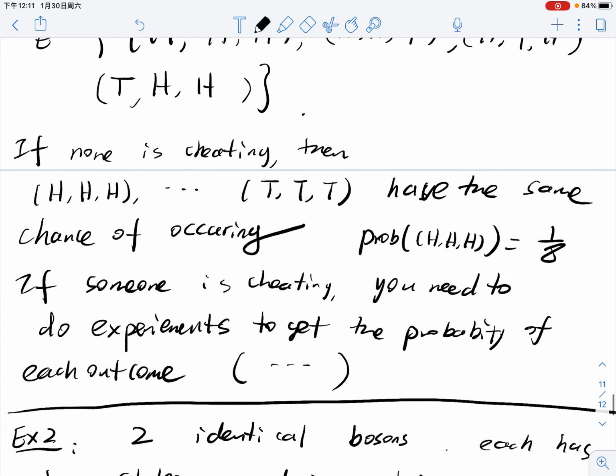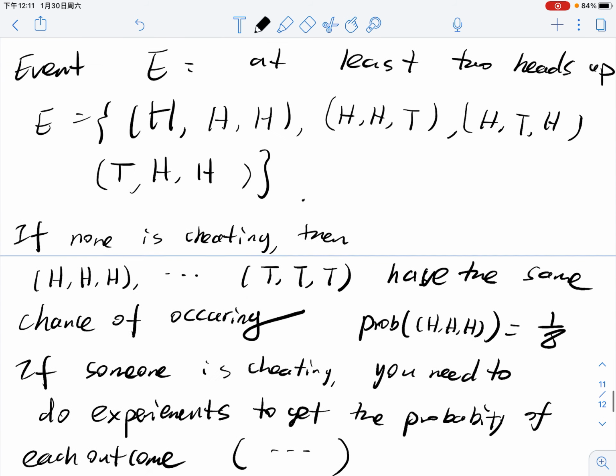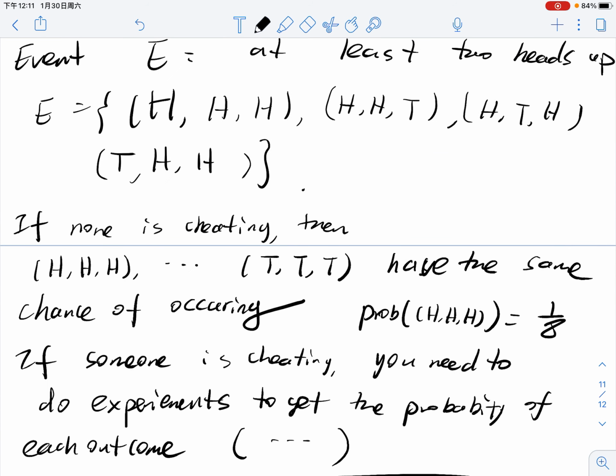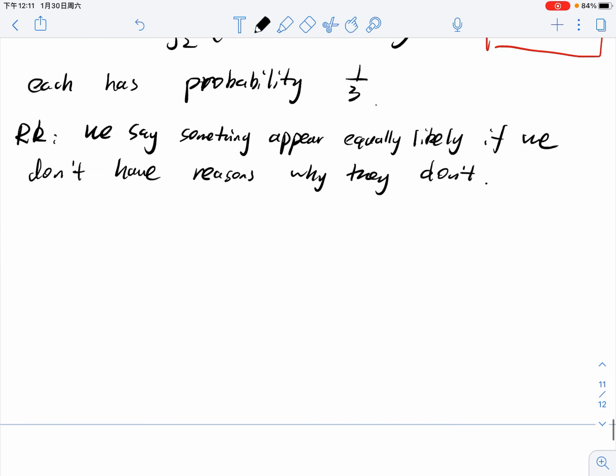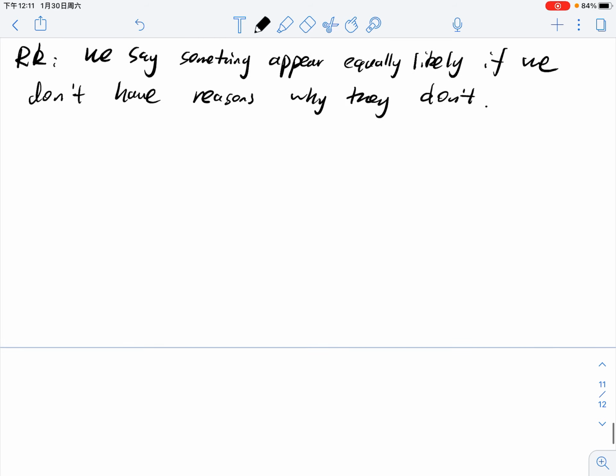This is also the same for the case of tossing coins. If you are not sure someone is cheating, then they have equal chance of occurring. But if you are sure someone is cheating and you can figure out how to compute them, then you can take that into consideration. Otherwise, you need to do experiments to actually test it.